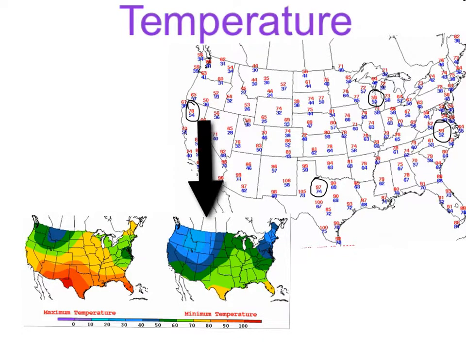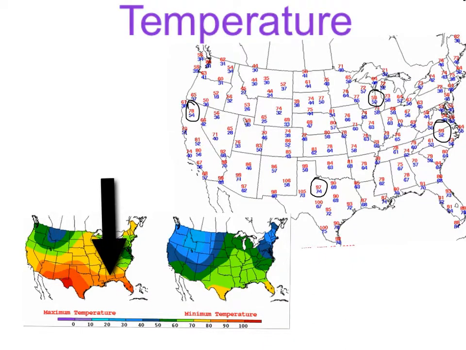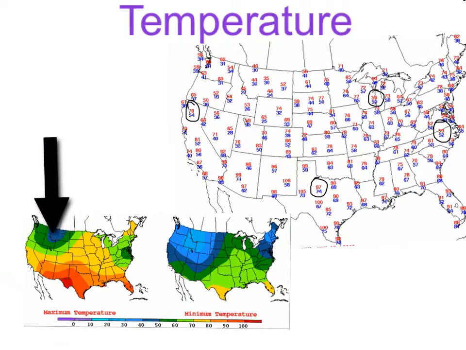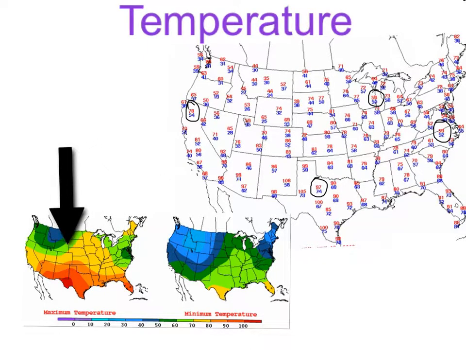It is going to be warmer in the southern parts of the United States because that's closer to the equator, and the tropical air masses hit the southern parts of the United States. It is going to be colder in the northern parts of the United States because that's farther away from the equator, and the polar air masses hit that area.